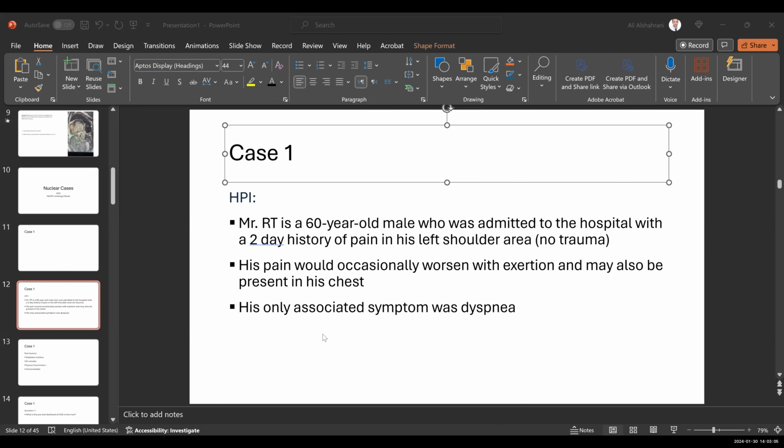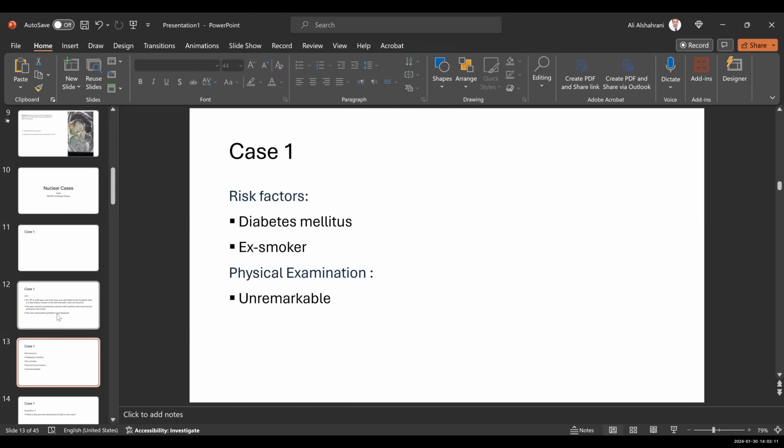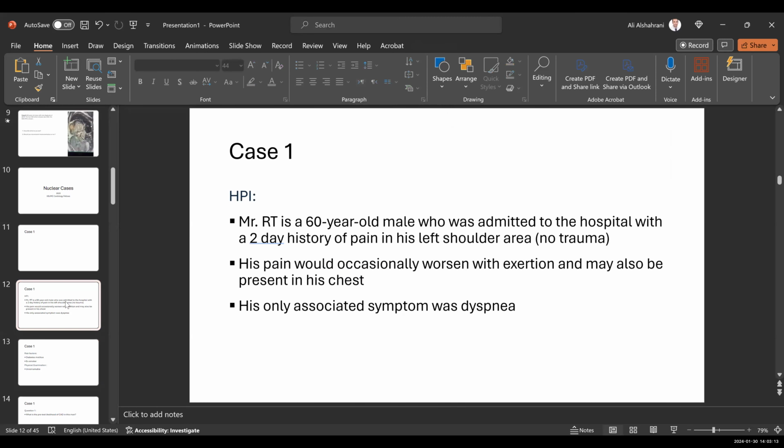So let's start with case number 1. This is a 60-year-old male who was admitted to the hospital with a 2-day history of pain in his left shoulder area. His pain would occasionally worsen with exertion and may also be present in his chest.